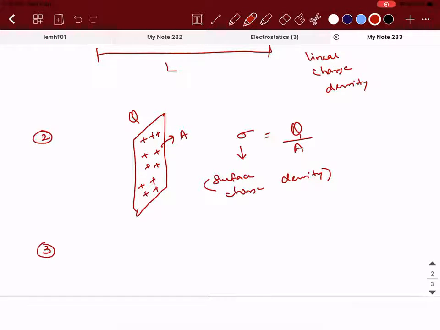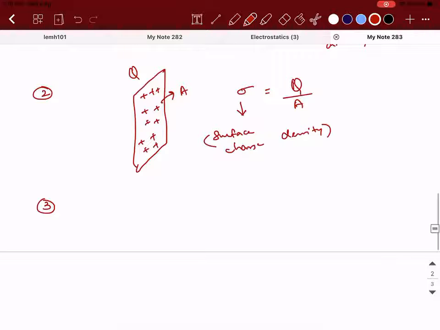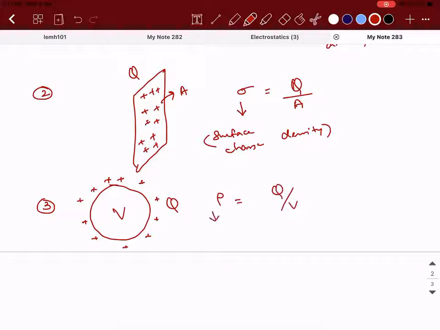Third, when you have a volume and the charge is distributed over the volume, then you define a parameter rho, which is Q divided by V. This is called volume charge density.